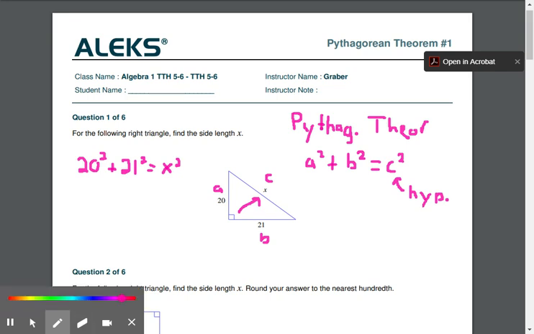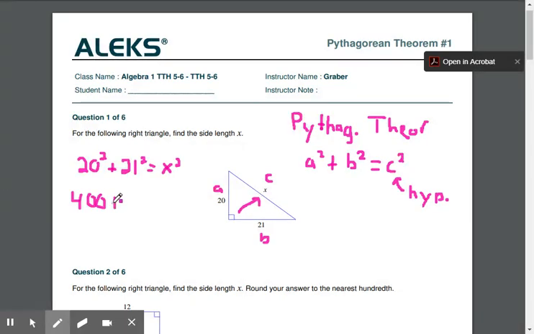Then you're going to type in 20 squared into your calculator. Which is 400. Type in 21 squared.